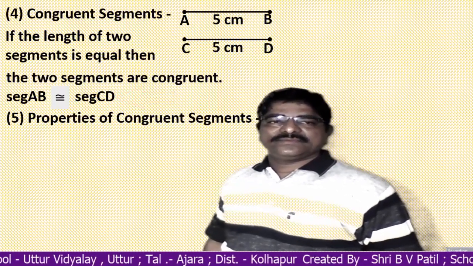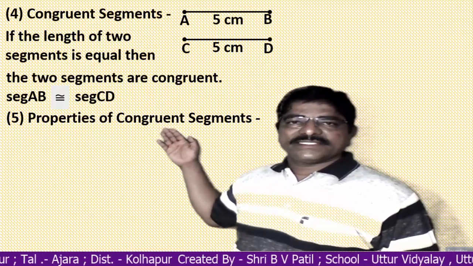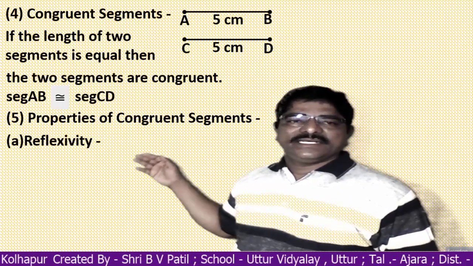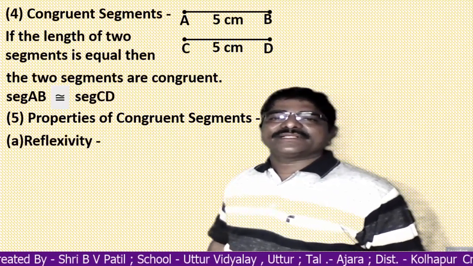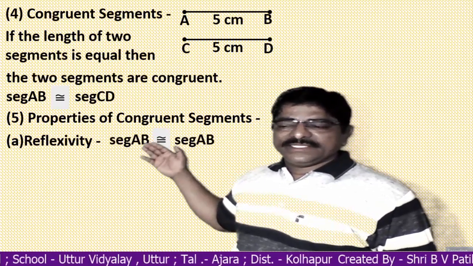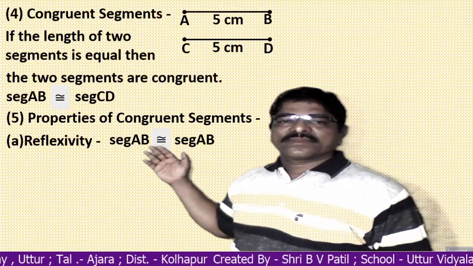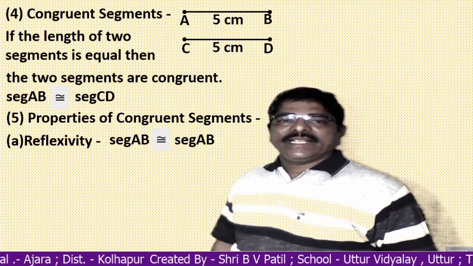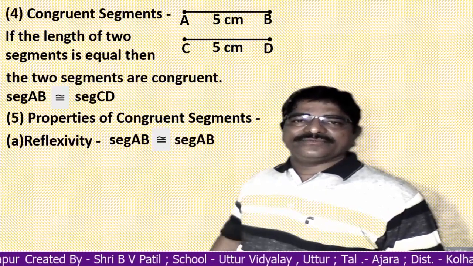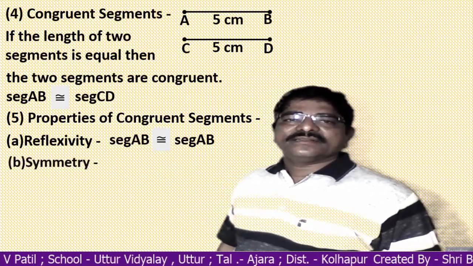Then the next part is properties of congruent segments. First property is reflexivity, paravartanata. Segment AB is congruent to segment AB, means any segment is congruent to itself, that is called reflexivity.